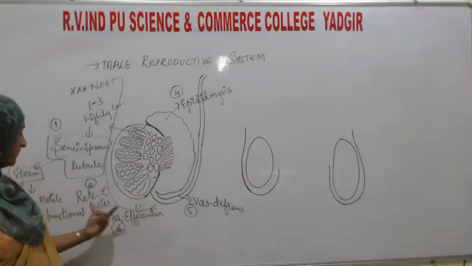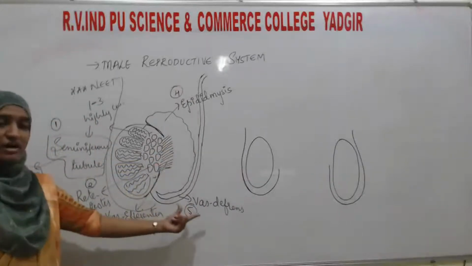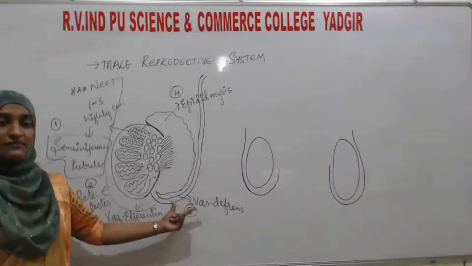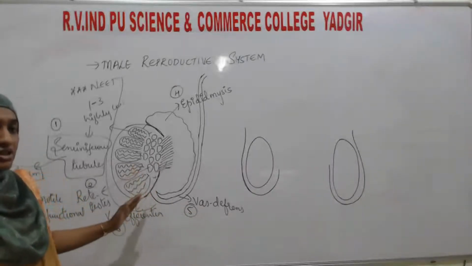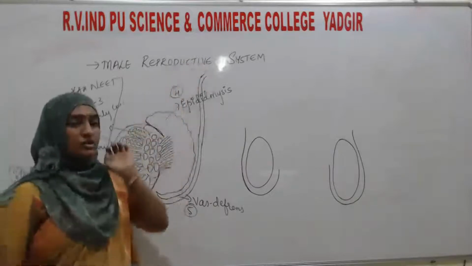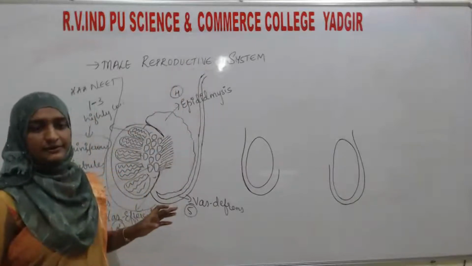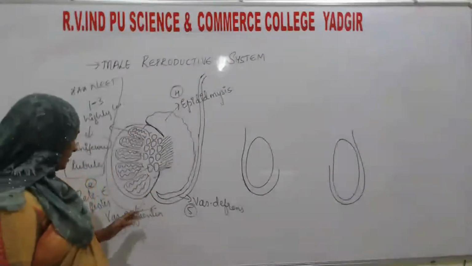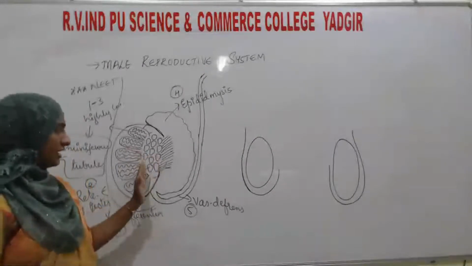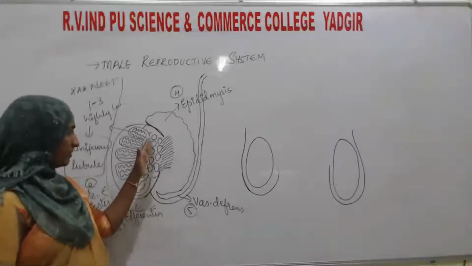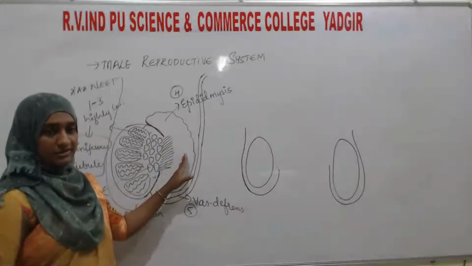Don't be confused between vas efferentia and vas deferens. Vas deferens will take the functional sperms to the urethra or the urinogenital duct. But vas efferentia just conveys the sperms from the rete testis to the epididymis.